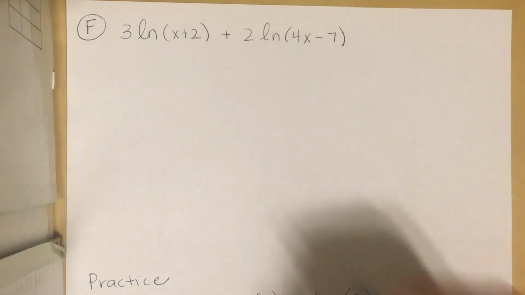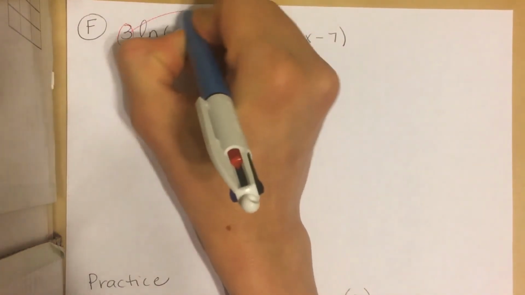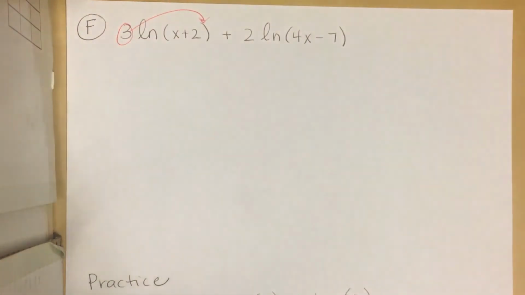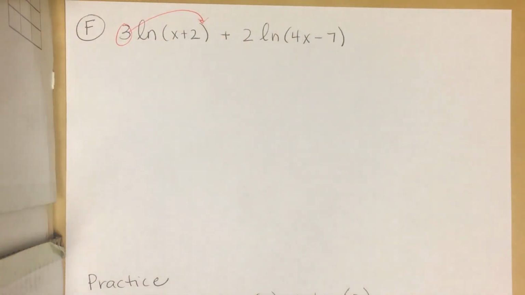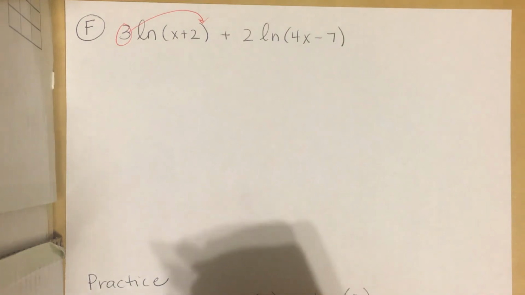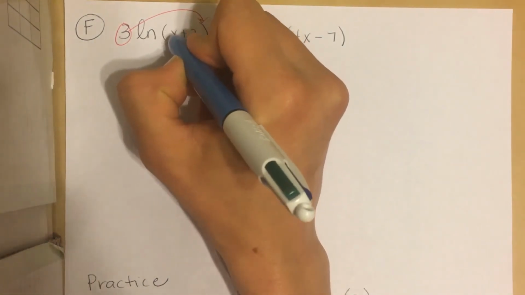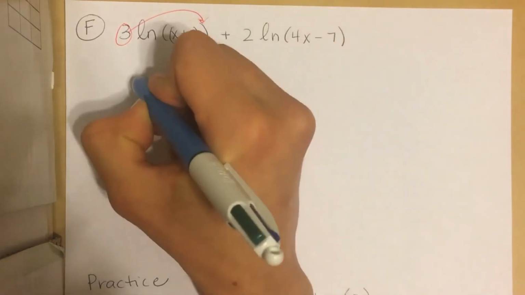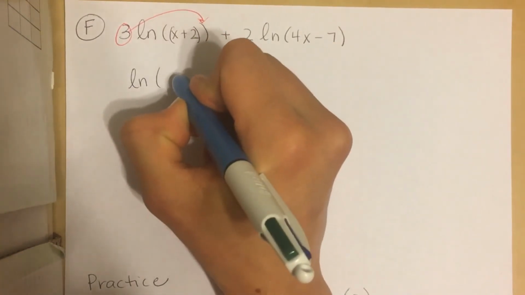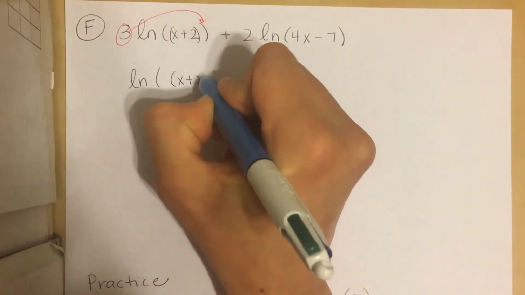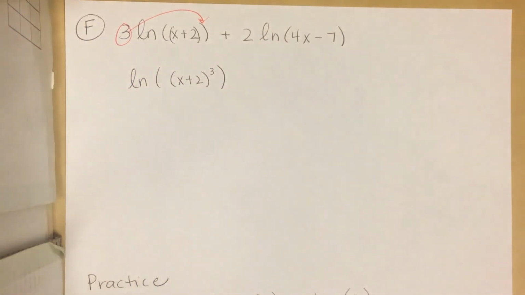The only difference here is when you bring this 3 inside, you're not really bringing it inside the parentheses, we need to create new parentheses, because this will be natural log of x plus 2 all cubed. You don't distribute that cubed to the x and to the plus 2.